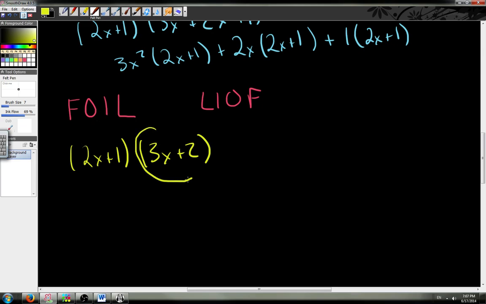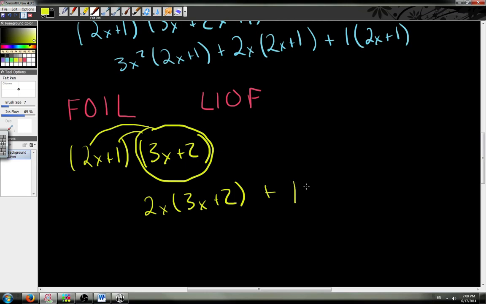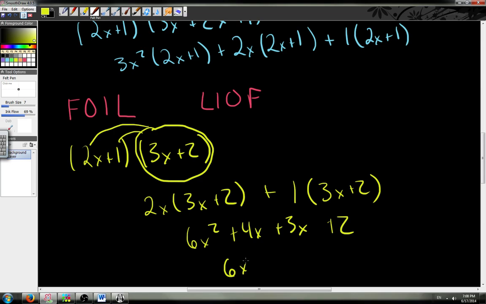We could have taken this term here and distributed it this way. And then we would have had 2x times 3x plus 2 plus, sorry, I lost track of my thought for a second, 3x plus 2. And then we have 6x squared plus 4x plus 3x plus 2, or again, 6x squared plus 7x plus 2.